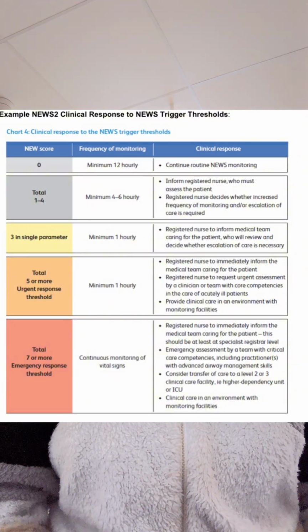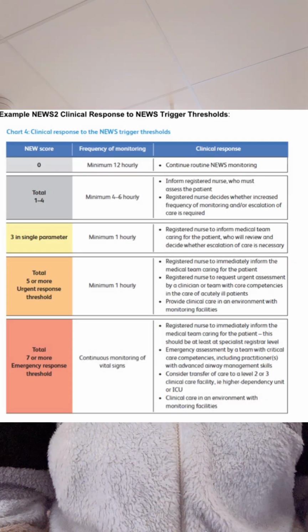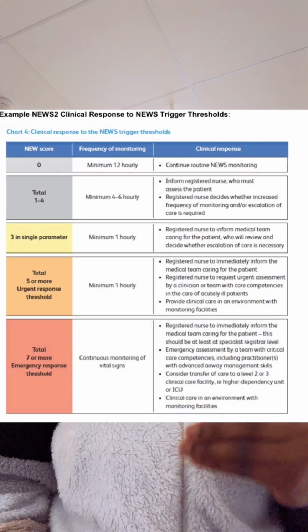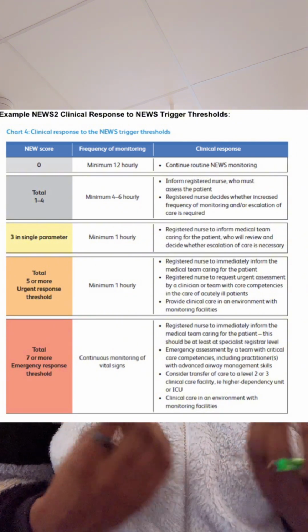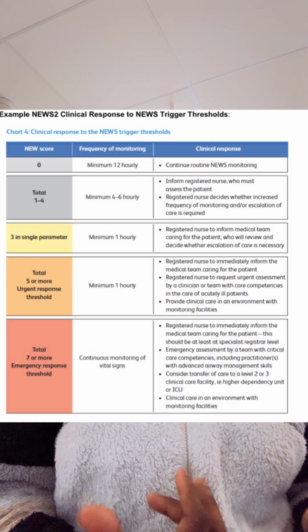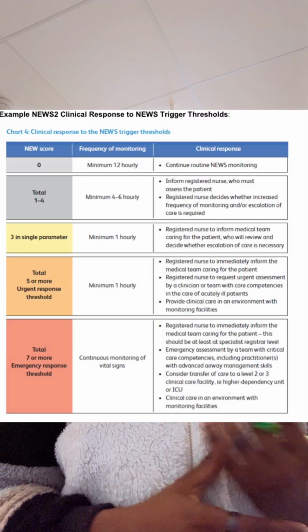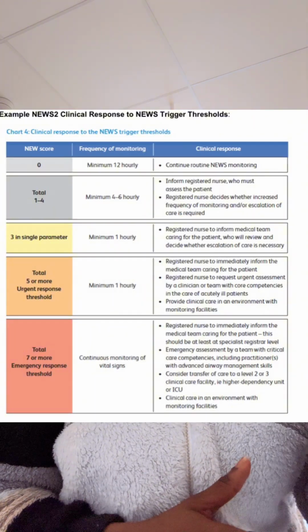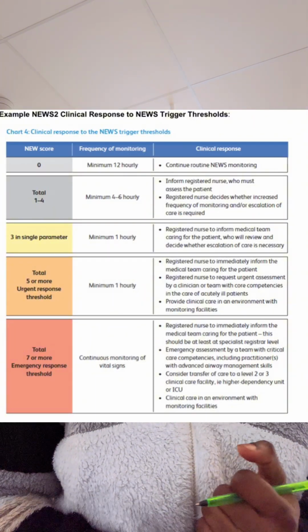So what it says is that if your patient is not deteriorating, but you've seen a little bit of signs and you want to be cautious, you can use your clinical judgment. So maybe for a score of 0, instead of a minimum of 12 hourly, you can come back in 6 hours, just because you think that the respiration was at the border and could either go up or go down.